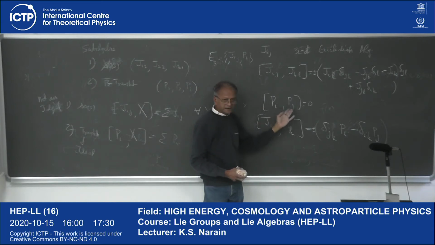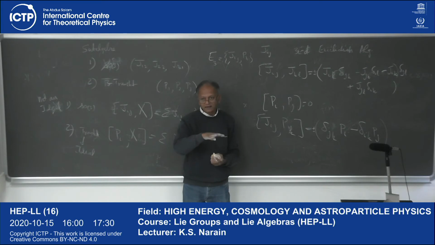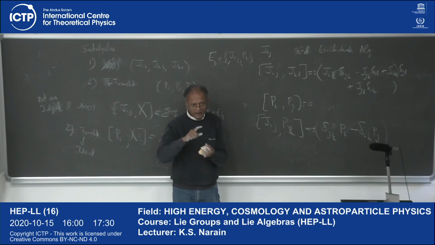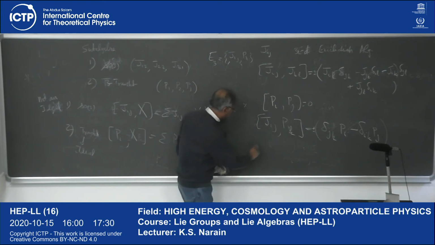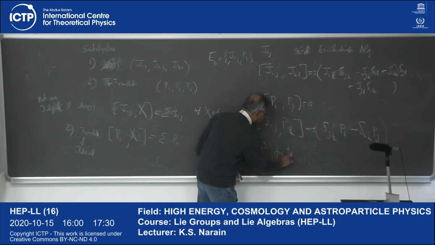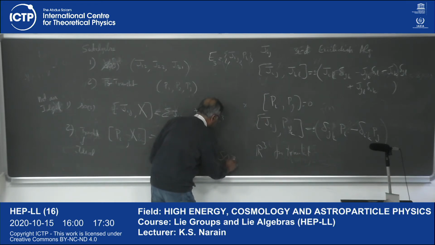Similarly, translations will generate R cube, what we were calling R. R was a translation along one direction, right? This will be R cube because you have three directions. So you have R cube for the translation, and SO3 for the rotation.